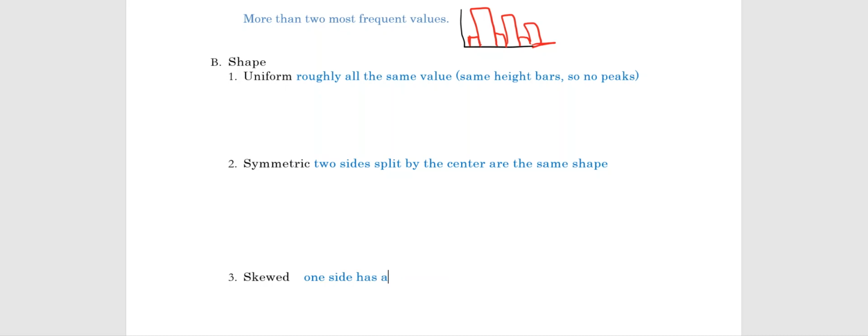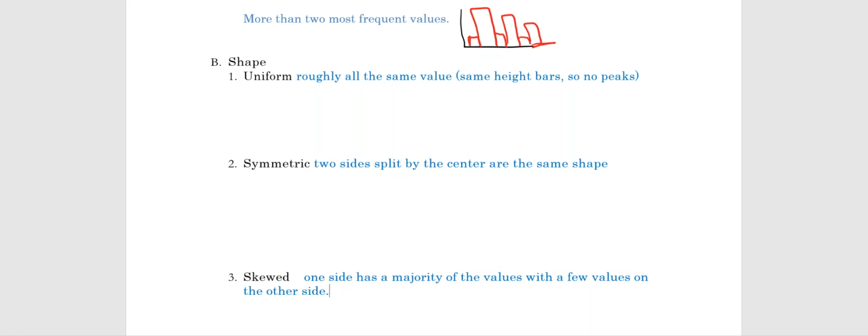I shouldn't say that, has a majority, with a few values on the other side. And I'm going to go into way more specifics with skewed because it's a little more complicated than the other two. But I'm hoping you're already picturing what these first two look like.